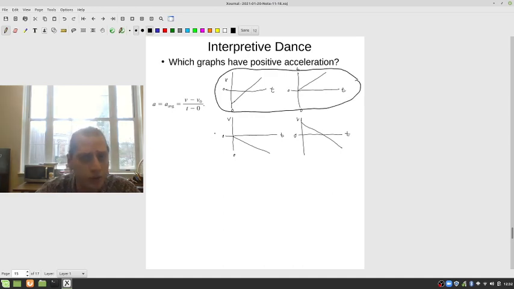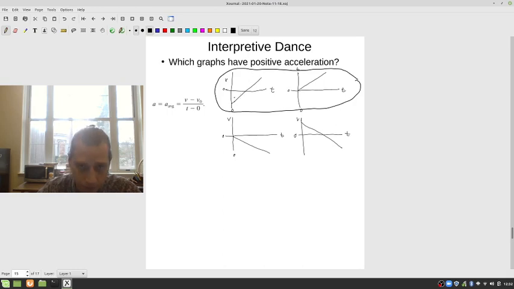But I just want to bring to your attention that positive acceleration can mean different things in different circumstances. So for instance, positive acceleration in this case means exactly what you think it means. It means that our speed is getting faster. We're going forward, we're getting faster. On the other hand, if you look at this one, positive acceleration the whole time, it's just the slope of the velocity versus time graph.